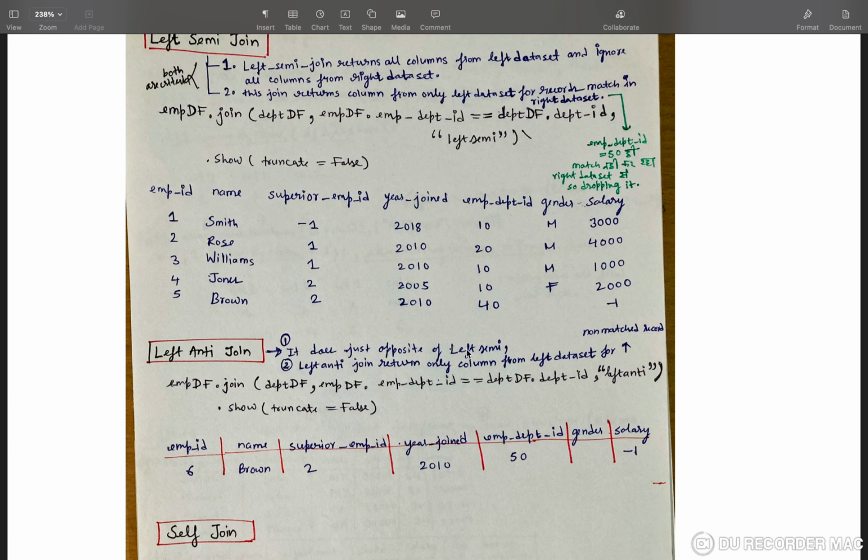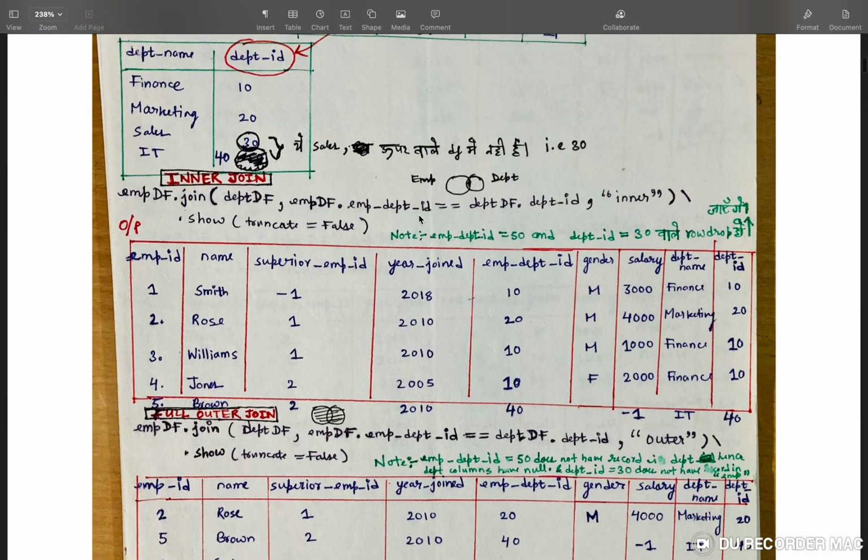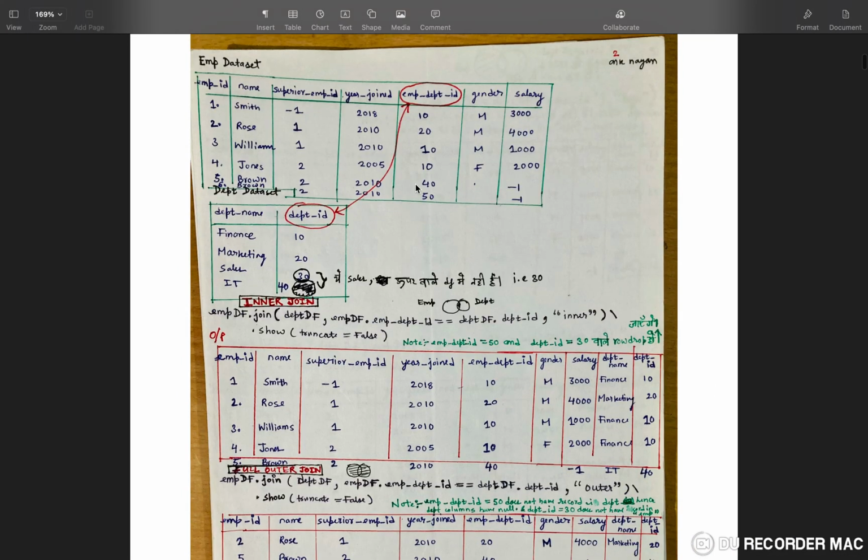It does just the opposite of left semi. As I said, left anti join returns only columns from the left data set for non-matched records. What I told you, the non-matched record in the left semi join, that is 50. Let us come to the data set here. So here 50 is not present in the right data frame. Right data frame means department data set, it is not present there, right?